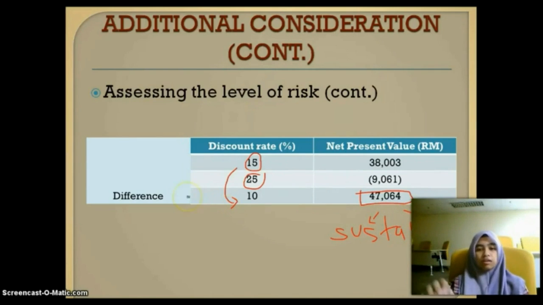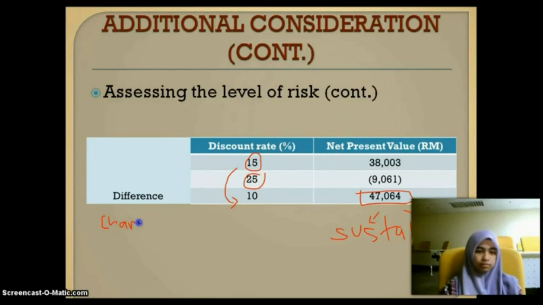The change in 1% is calculated as 47,600 divided by 10, and we get the change in 1% of the discount rate of 4,706.